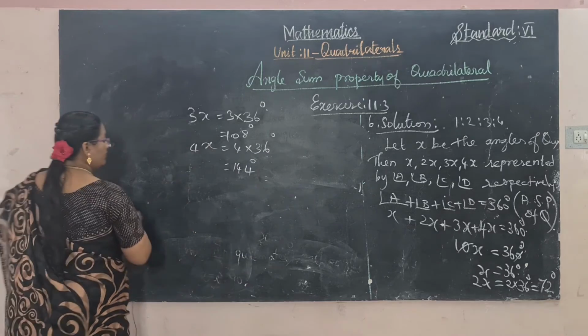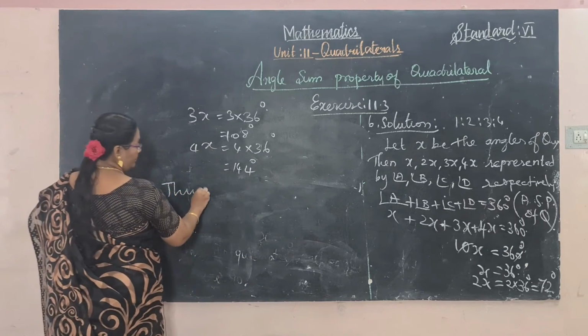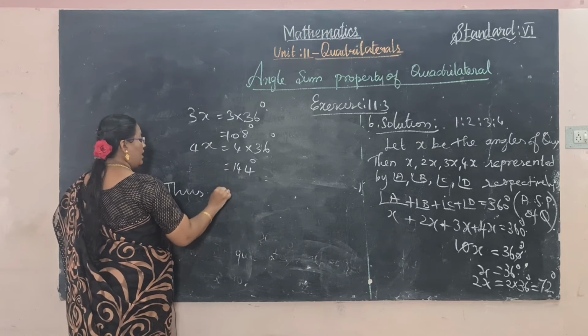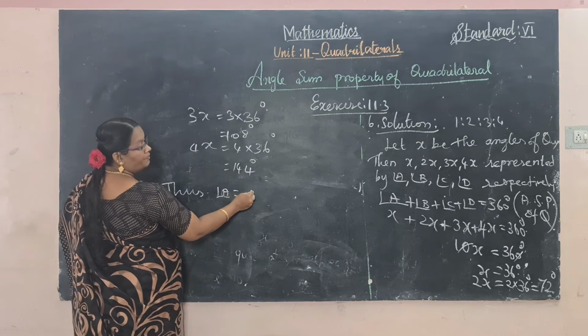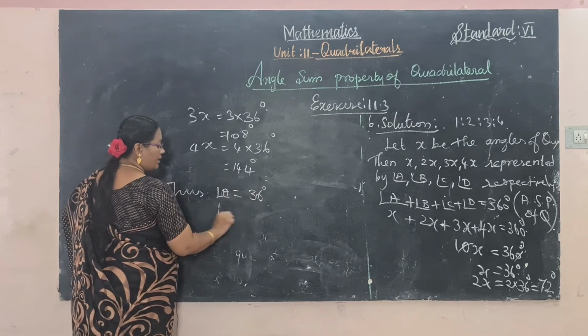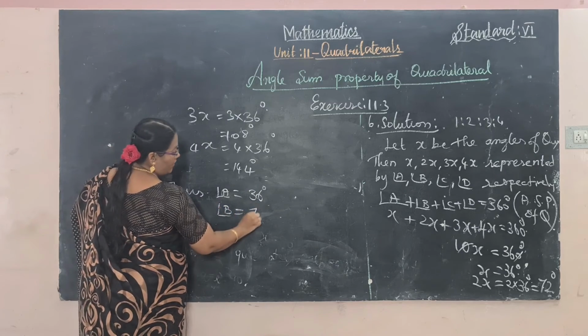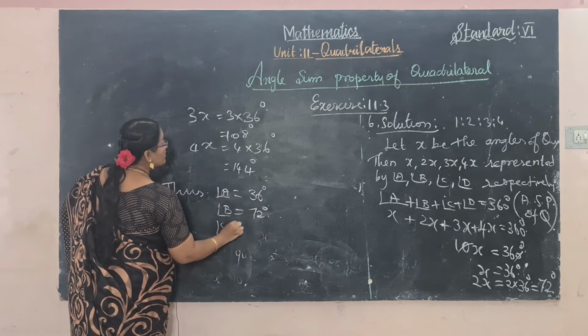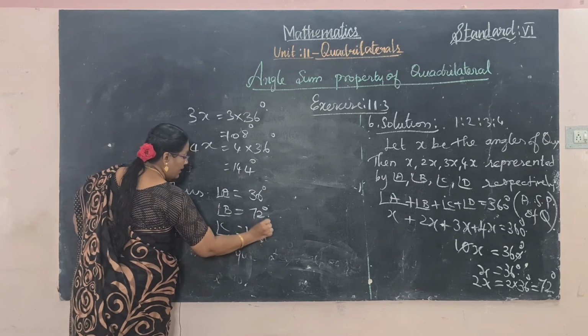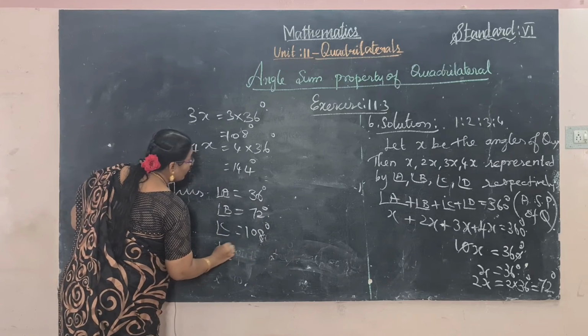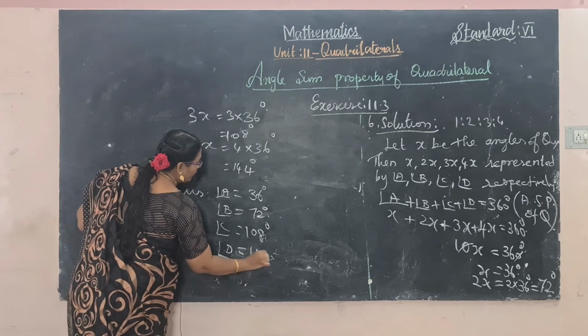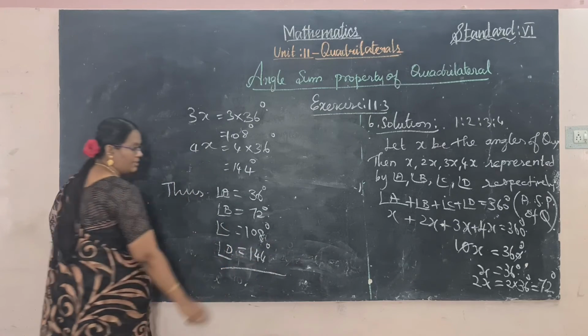Thus angle A is 36 degrees, angle B is 72 degrees, angle C is 108 degrees, and angle D is 144 degrees.